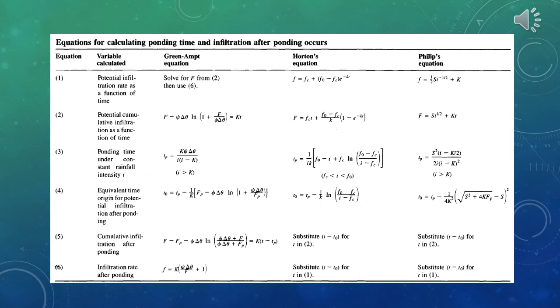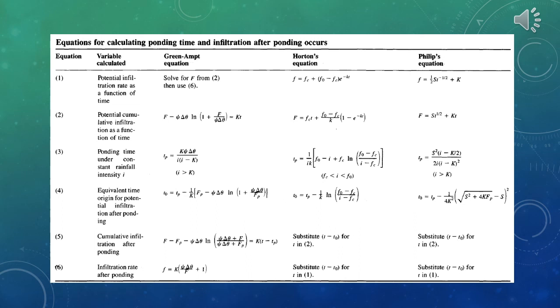And in equations 1, 2, 3, 4, 5, 6, for the variable calculated, for example, number 1 is potential infiltration rate as a function of time. If you want to find it in Green-Ampt equation, first of all you need to solve for f from number 2. Then after that you need to use number 6. Then you will find your infiltration rate. So it's giving you the steps for how you are going to calculate.